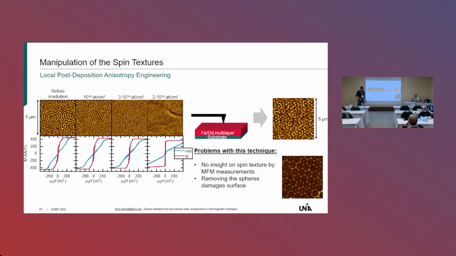But the removing of the spheres precisely damages the surface. So this is a picture of a sample that has its nanospheres removed, and that is not an MFM picture. This is a height picture. And so you can see where the nanospheres were.